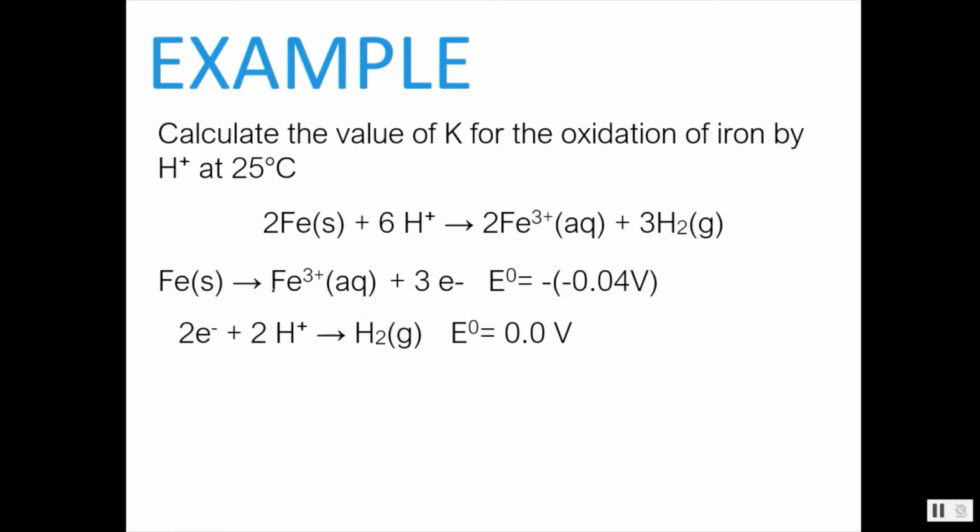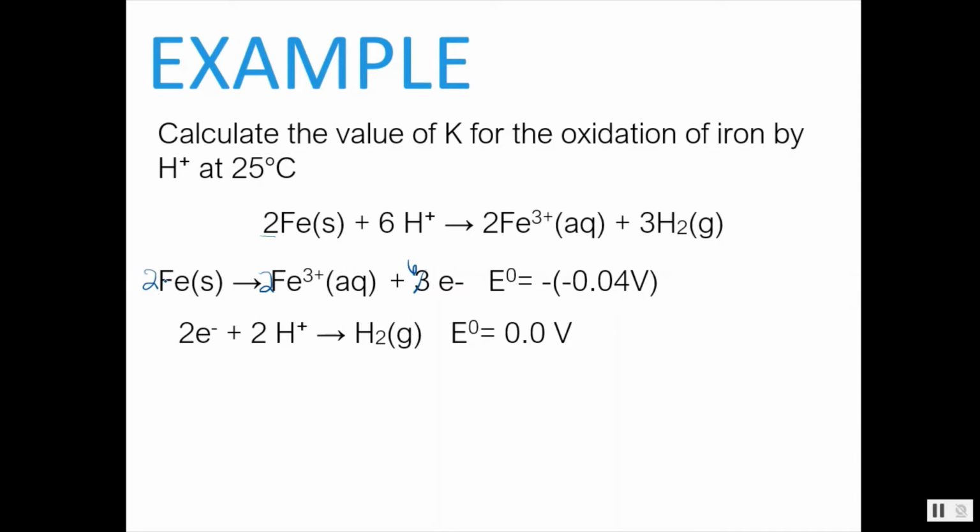For this reaction to occur, the iron donates electrons to become iron 3+, and it has to donate 3 electrons in that process. Since we have 2 iron, that means we're going to have a total of 6 electrons for 1 turn of this reaction. The reduction potential for this half reaction is negative 0.04 volts.